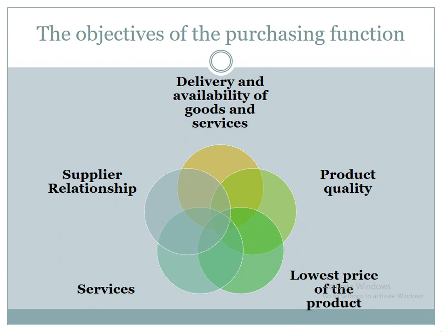The primary objective of the purchasing department is to ensure the purchased goods and services are available or delivered when and where they are needed. The delay in delivery of the purchased goods and services may adversely affect the performance of the purchase functions.